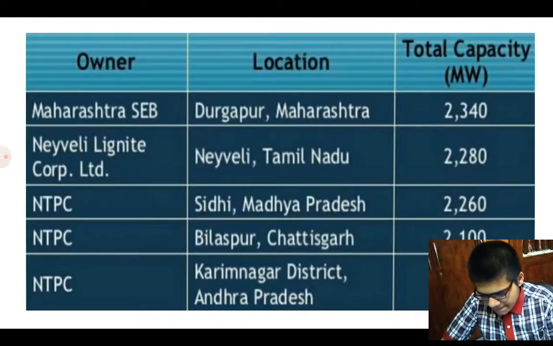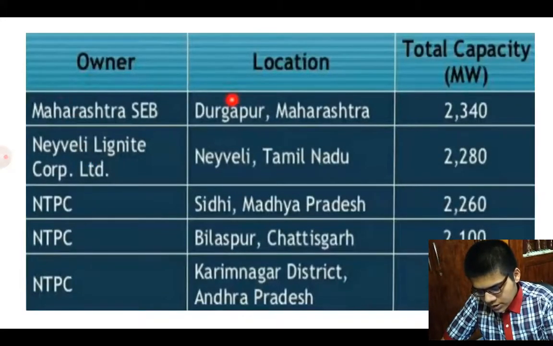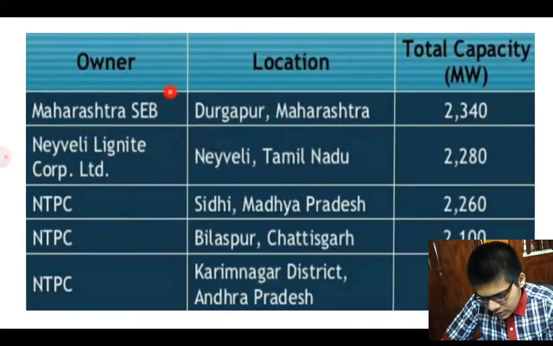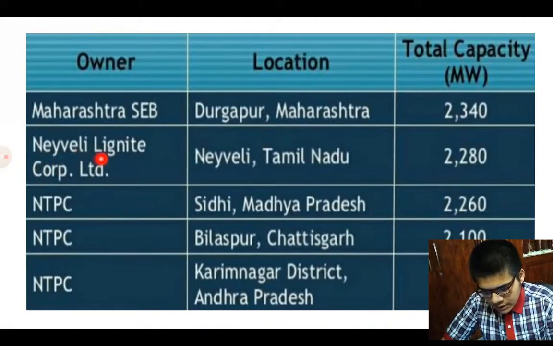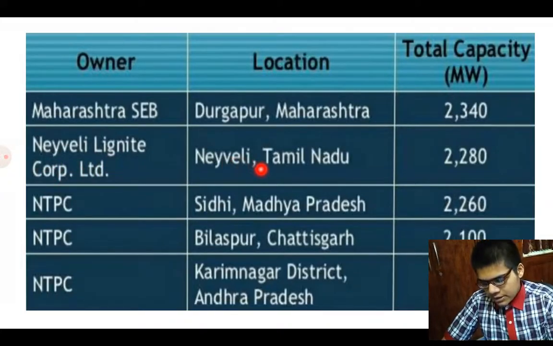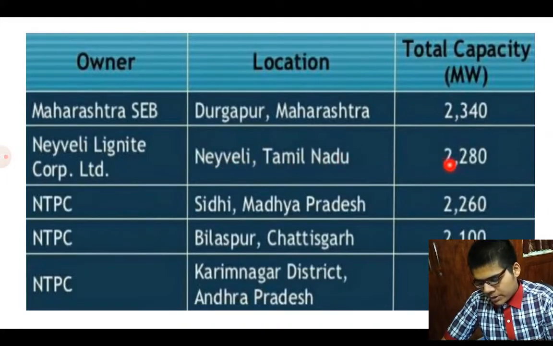These are the major power plants in India. Maharashtra SEB, location Durgapur, Maharashtra, total capacity 2340 megawatts. Then Neyveli Lignite Corporation Limited, located in Neyveli, Tamil Nadu, 2280 megawatts.